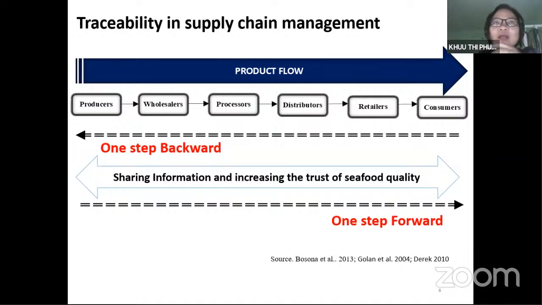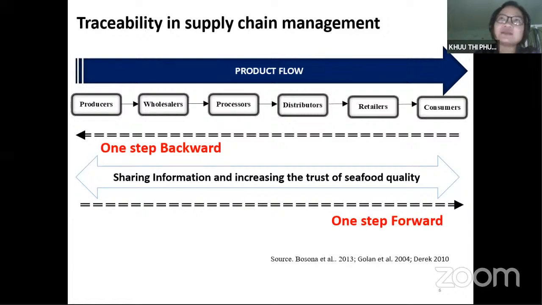However, when you implement traceability, the main principle is to share the information among whom? Among agents in the supply chain, under the rule of one step backward and one step forward.